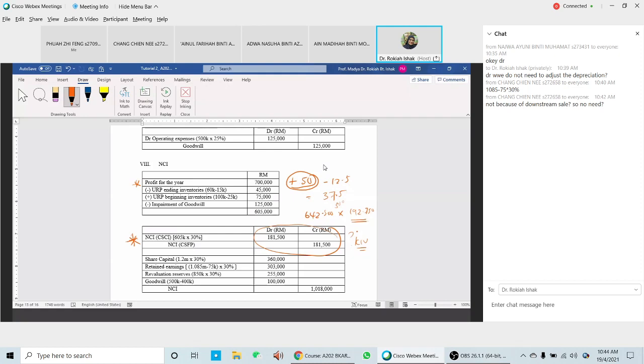So the NCI calculation is only affected by the profit of the subsidiary. In this case, the plant is sold by XT to FD, so XT as the parent sold to a subsidiary. So the profit affected here is only the parent's profit, and there is no effect on the subsidiary's profit. The NCI we calculate is based on the profit of the subsidiary.